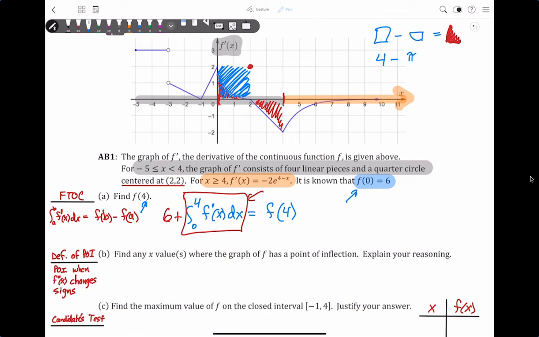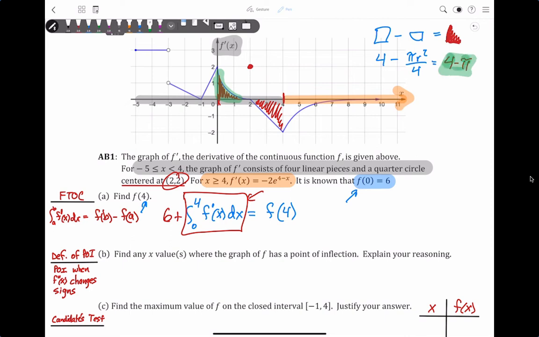It's pi r squared over 4 because it's a quarter of a circle. And we know that the radius is 2 because it's centered at (2, 2). So the quarter circle is pi, and 4 minus pi is the area underneath the graph between 0 and 2. So 4 minus pi is this area right here highlighted in green.